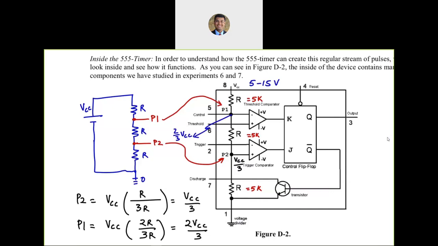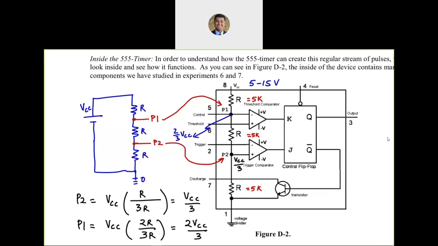So P1 and P2 are 2/3 and 1/3 VCC. Those are our two reference voltages that are being used for comparison for the threshold comparator and trigger comparator. So two comparators that feed into a JK flip-flop. So let's see what is going to happen.